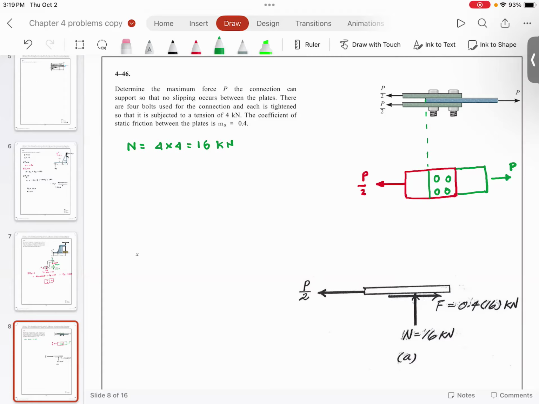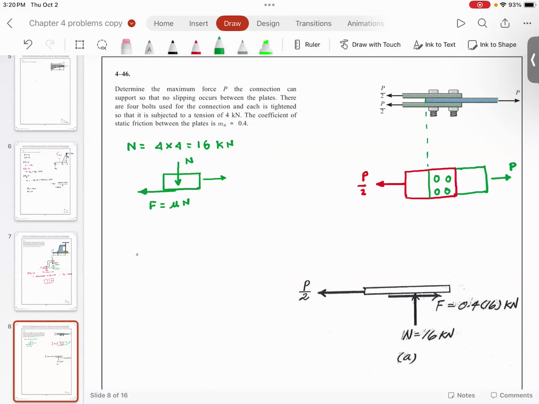Now we know the coefficient of static friction. As we looked at in the last class, if your normal reaction is N and coefficient of friction is mu, the frictional force F is mu times N.